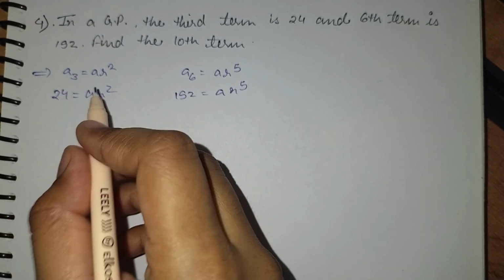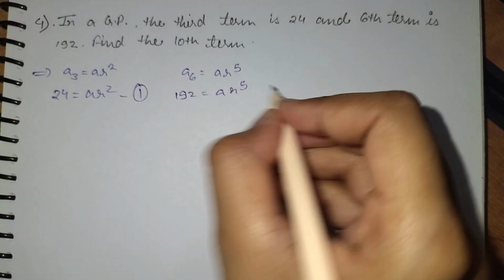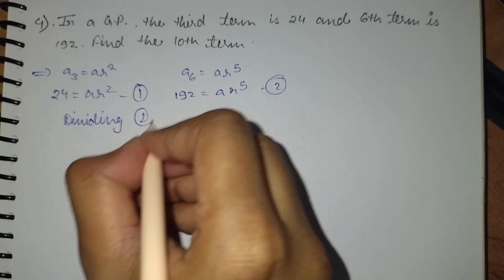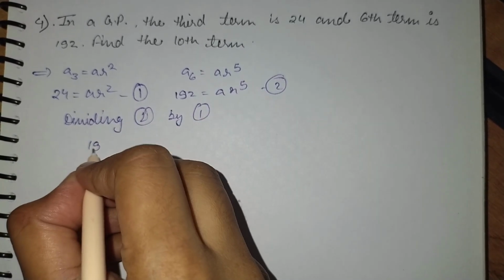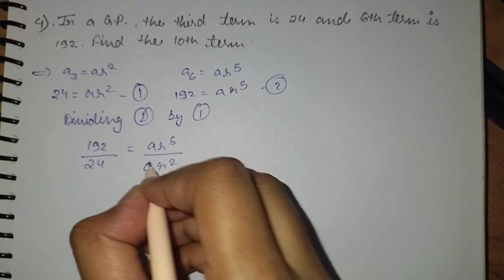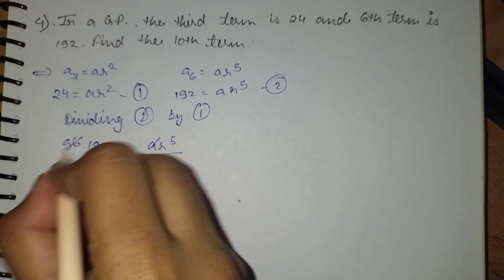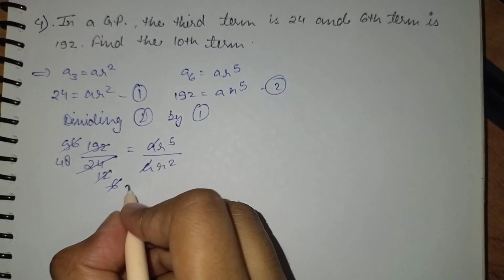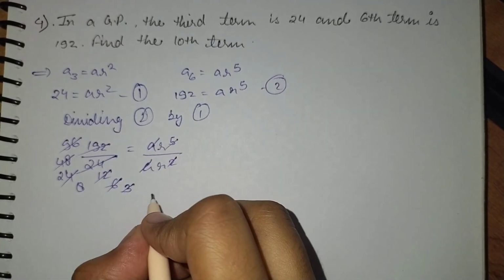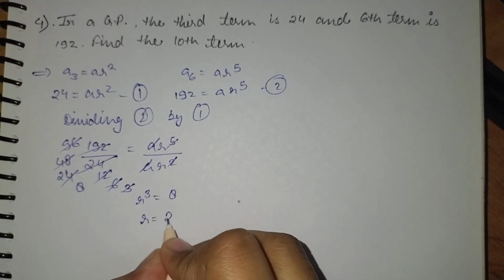Dividing the second equation by the first, 192 divided by 24 equals AR^5 upon AR^2. A will be cancelled out. 192 by 24 cancelling gives 8, so r cubed equals 8, and r will become 2 on solving.